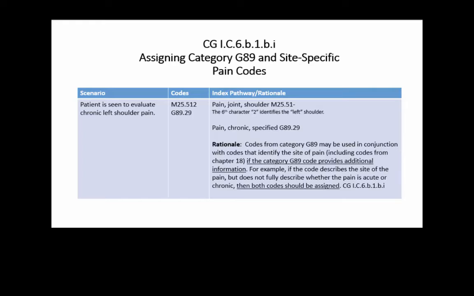So even though the patient is being seen to evaluate the pain, that pain in the shoulder is going to be the principal diagnosis, but the pain in the shoulder does not tell the doctor or the reader if the pain's acute or chronic. And because we have a chronic pain code for specified sites, we would use it in this example, G89.29. We're using that G89 category code because it provides additional information.